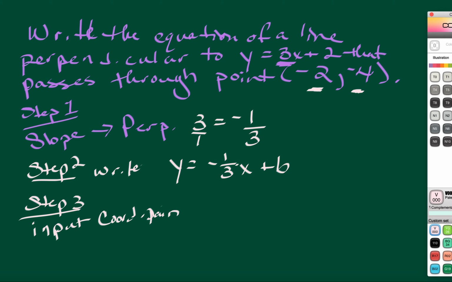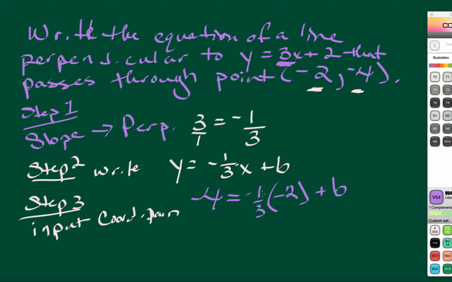So, negative 4 is equal to our negative 1/3 times negative 2, sorry about the fraction, plus b.